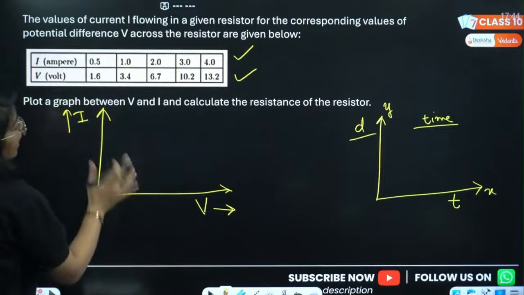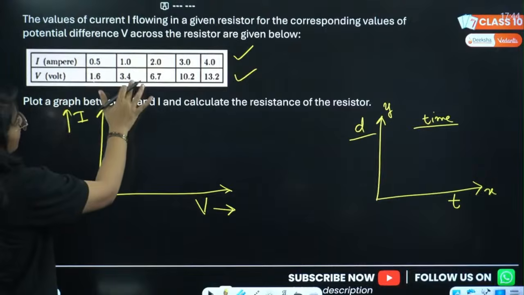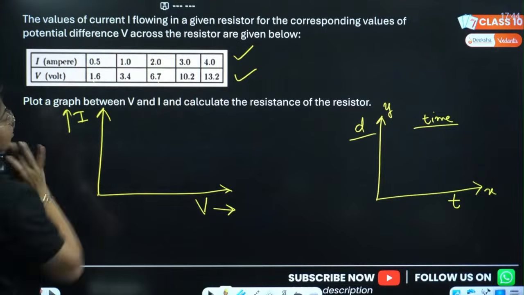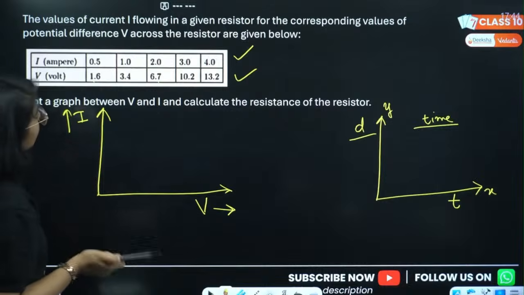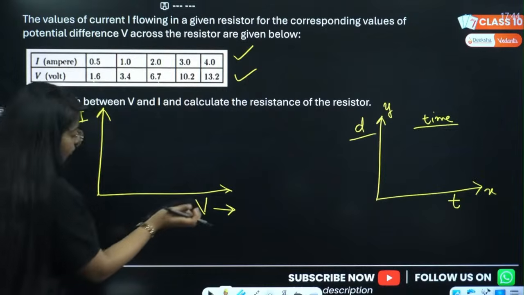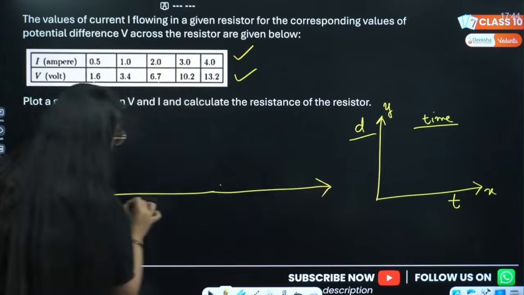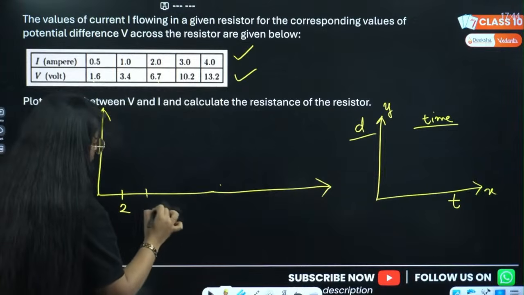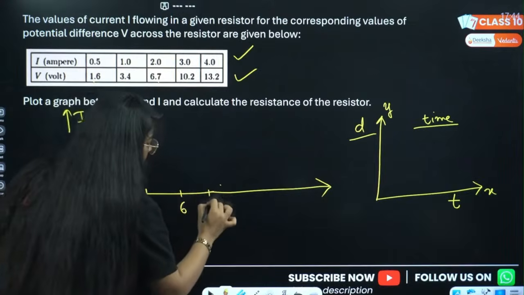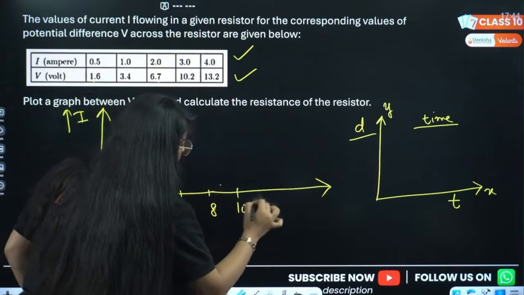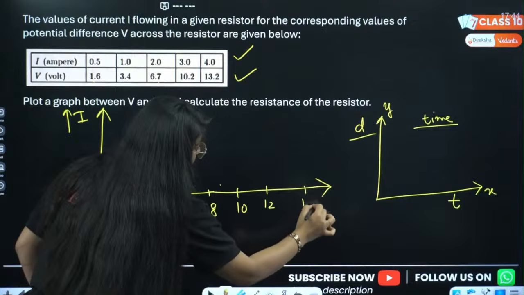Make the graph accordingly. The values are 1.6, 3.4, 6.7, 10.2, 13.2. Let us make the graph at a difference of 2 each: 2, 4, 6, 8, 10, 12, 14.